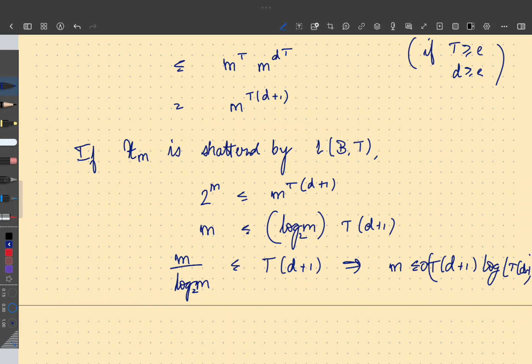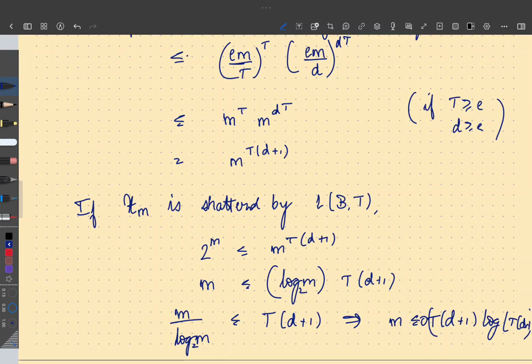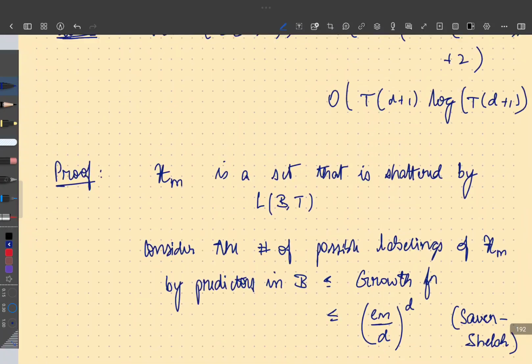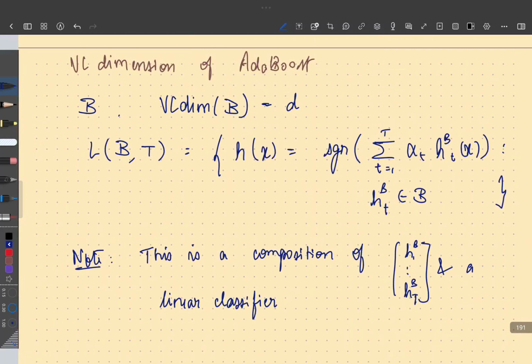Let's go over the high level idea behind this. Essentially what I want to do is derive an upper bound on the VC dimension of the set of all possible predictors that can be written as a composition of t base classifiers and a linear classifier, right?